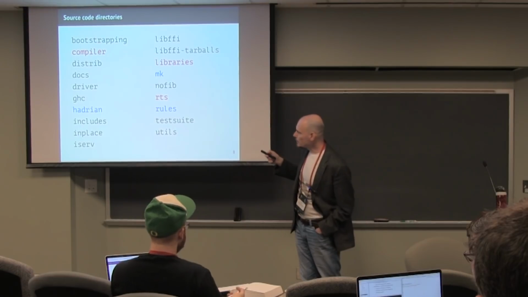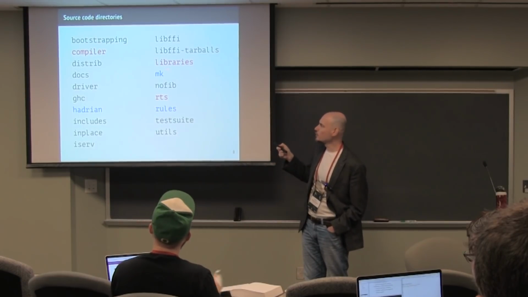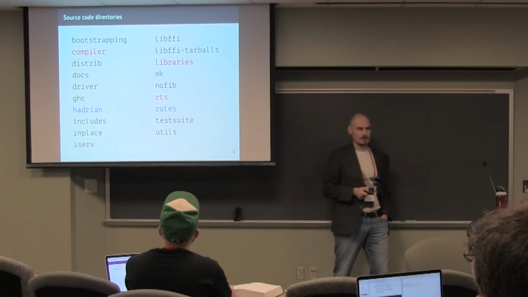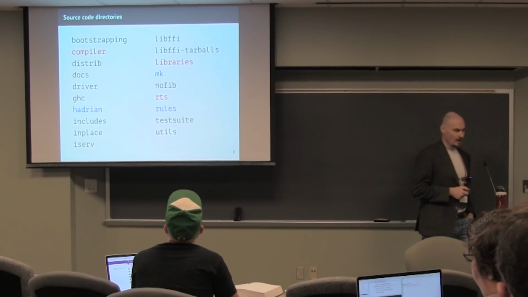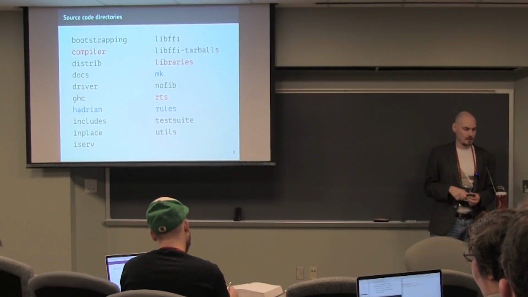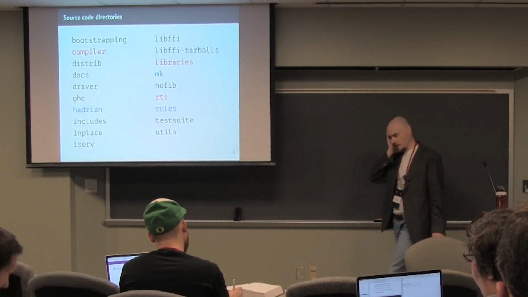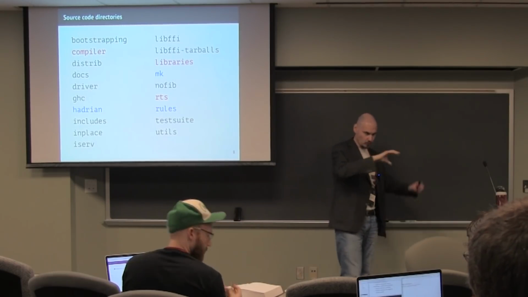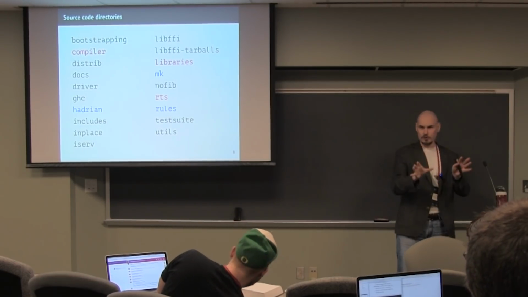Then in blue you can see several directories about building this compiler, and I will talk about them later too. And now I will just say a few words about other directories, because I find it very useful when you have downloaded something.